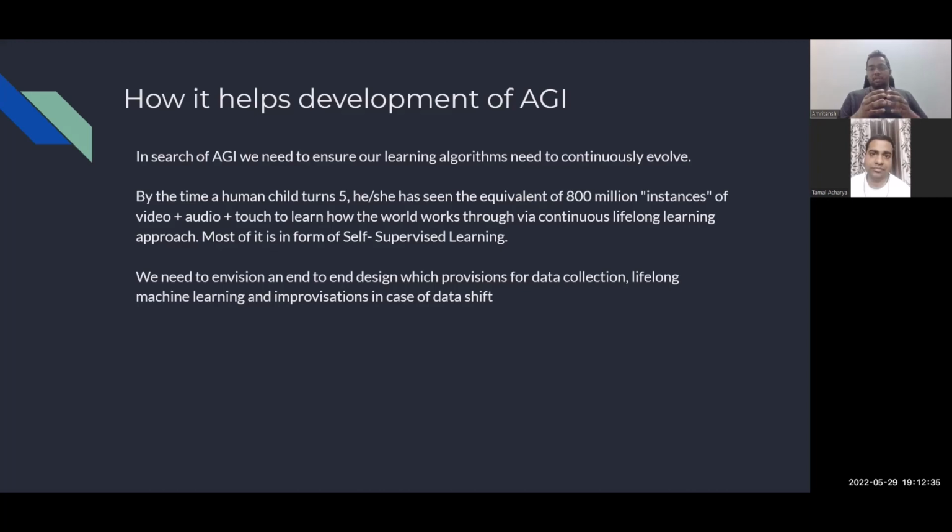So we need to envision an end-to-end design for such a lifelong learning, continual learning, or active learning scenario, which provisions for data collection, lifelong machine learning, and improvisation in case of data shift or concept shift, and of course is able to accommodate newer concepts without forgetting, or catastrophic forgetting, of the old concepts, which is a very big problem right now.